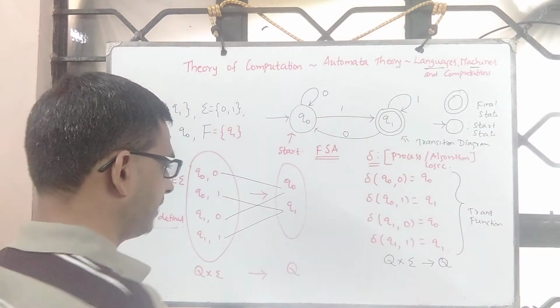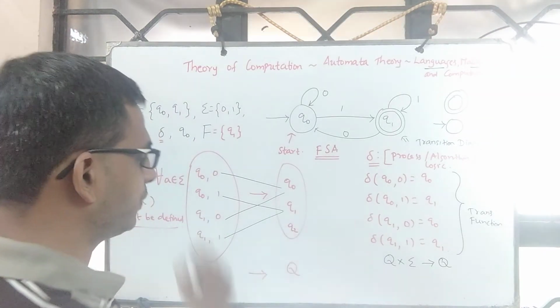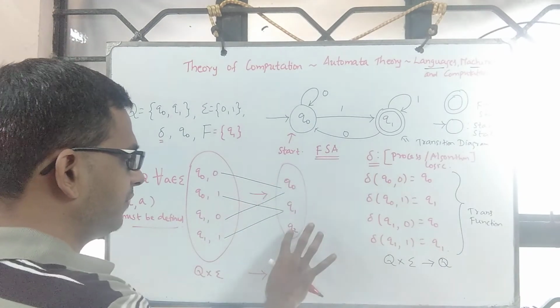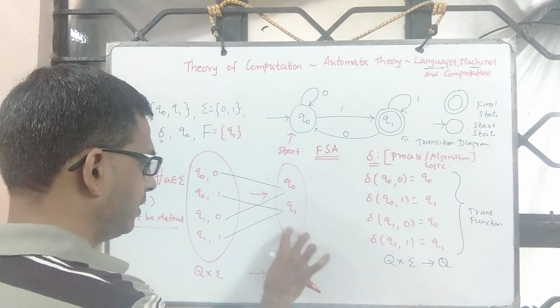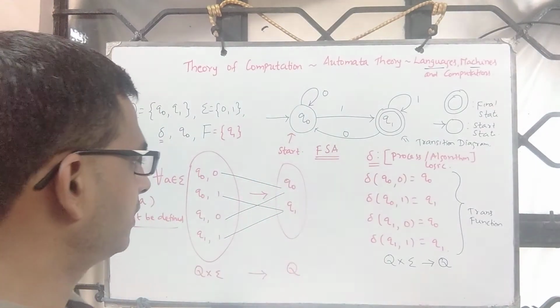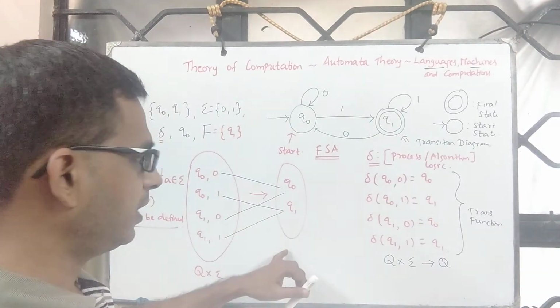I mean we will not have something like q2 for which there is no pre-image. So we will have at least one pre-image for each of the states appearing in the codomain.